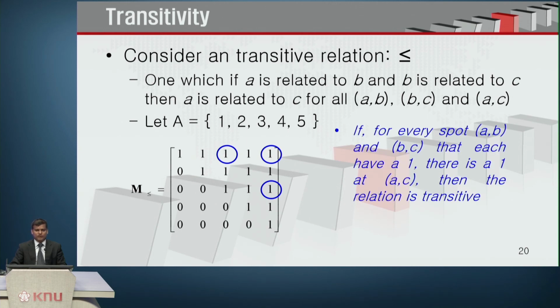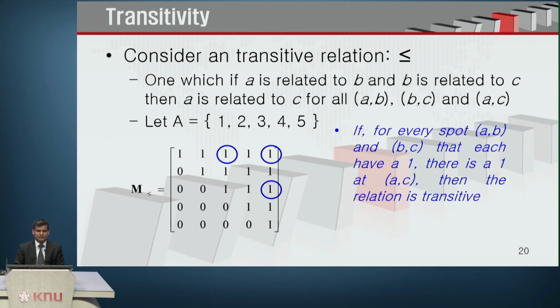You can check for every spot A comma B and B comma C that each have a 1, and if there is a 1 at A comma C, then the relation is transitive. Whenever you have a 1 at A comma B and B comma C, then you should have a 1 at A comma C. That's the idea here.